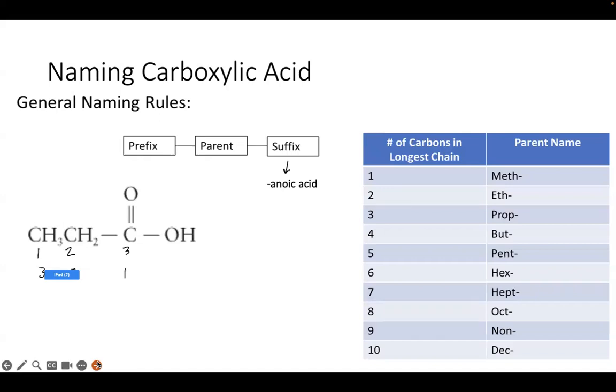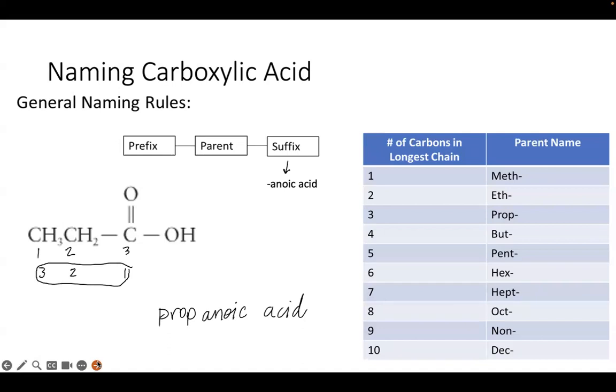I'm always going to want to make the carboxylic acid the star of the show, so I'm going to use numbering right to left. And I know I'm going to have the ending anoic acid. Because it's a 3-carbon chain, it's going to have the parent prefix of prop. So this is propanoic acid.